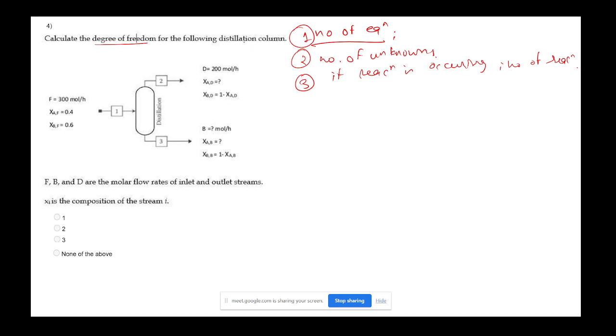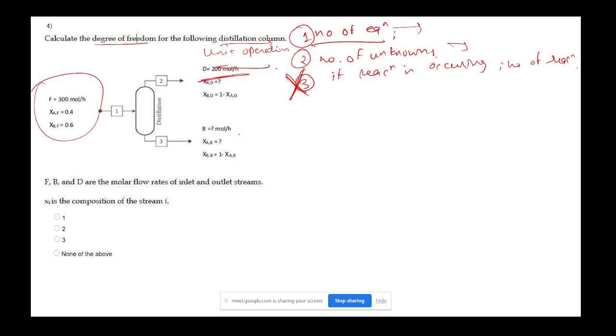So here, since it is a distillation column, a unit operation, you can say that there is no reaction. So third option is eliminated. So you need to know what all are unknowns and what all are equations that can be obtained from this flow sheet. So here you can see that you have the data for the distillate.